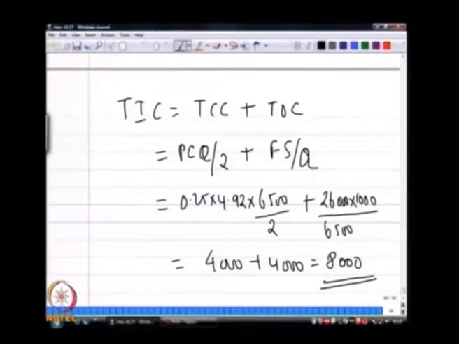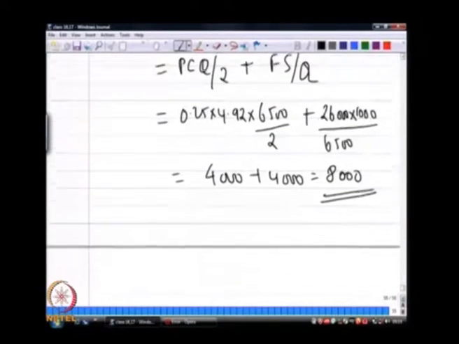At economic order quantity, because our total carrying cost is equal to the total ordering cost, this 8,000 has to be necessarily split into 4,000 and 4,000 each for ordering and carrying cost, and this is true in all examples where the total ordering cost and the total carrying cost will be equal at the economic order quantity, and that is what I just illustrated in this example.